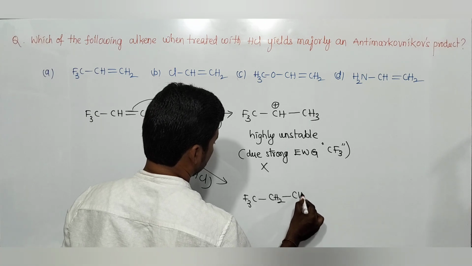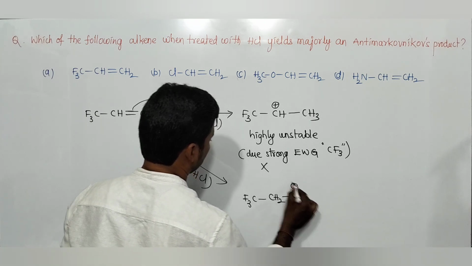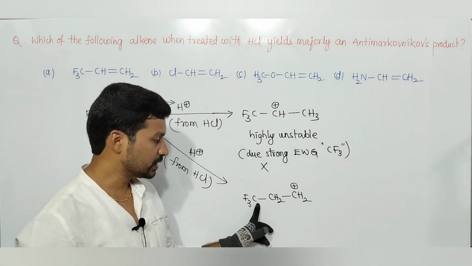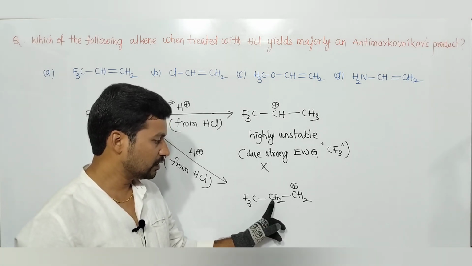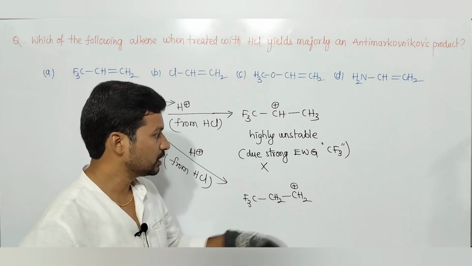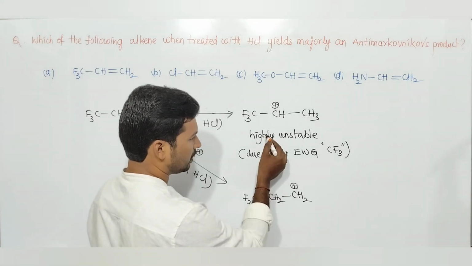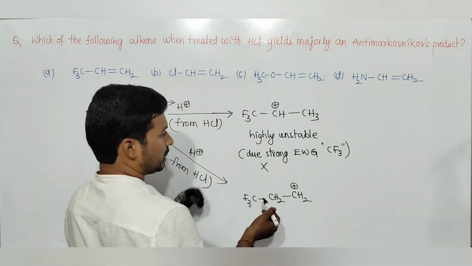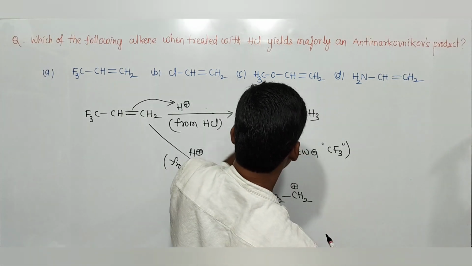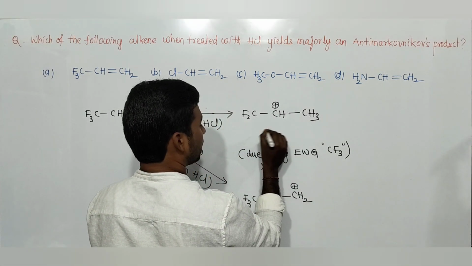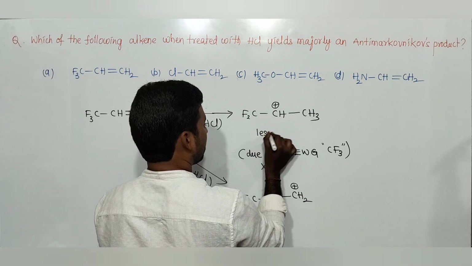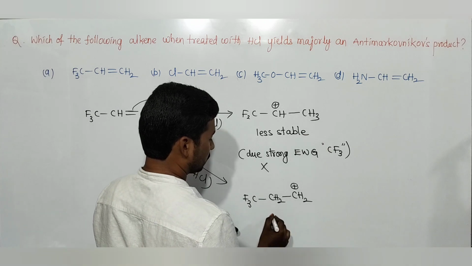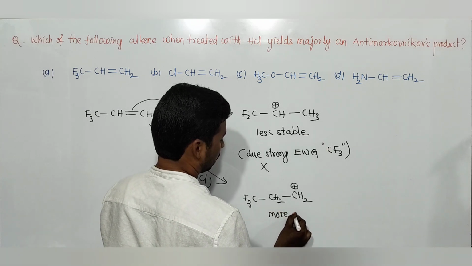So this one is somewhat stable. Here also a withdrawing group is there, but one carbon is between. So this one is more stable compared to the other. According to Markovnikov's rule, this gives the less stable intermediate. As per anti-Markovnikov, the more stable intermediate.